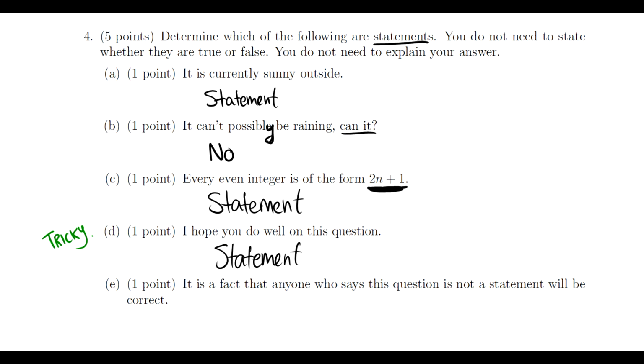You don't know whether it's true or false. You do not know if I hope you do well, and you really can never know. An outsider is not going to know whether this statement is true or false, but I do, therefore it's a statement. So when I wrote this, I was like, I need another question that's not a statement, and then I accidentally made a statement. So, kind of tricky.